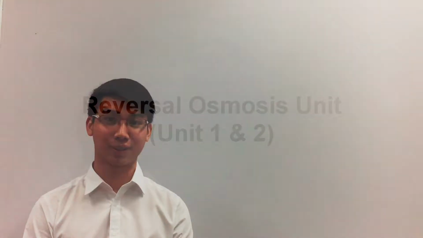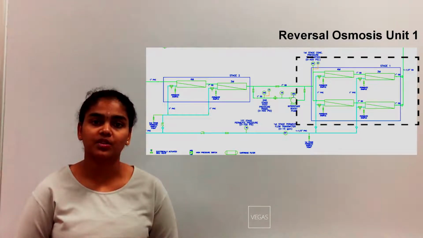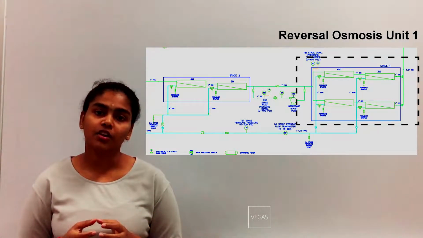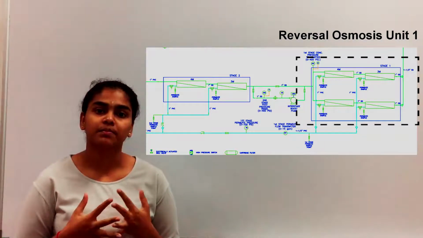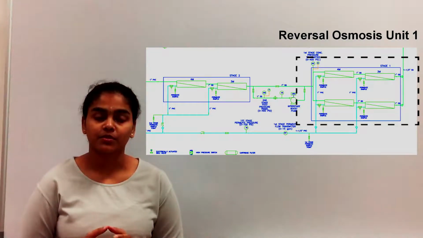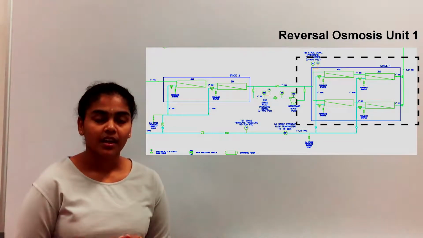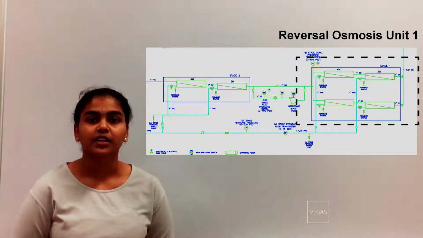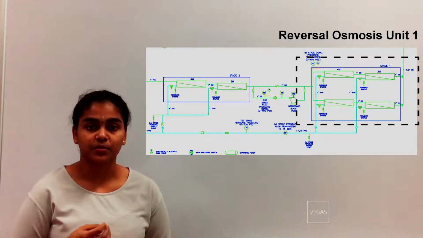Thank you. The next stage is the reverse osmosis stages. There are two reverse osmosis stages, which are reverse osmosis stage 1 and reverse osmosis stage 2. The fully conditioned water is pumped into reverse osmosis stage 1 by the reverse osmosis feed pump. At this point, higher pressure is required to force the water past the reverse osmosis membrane.